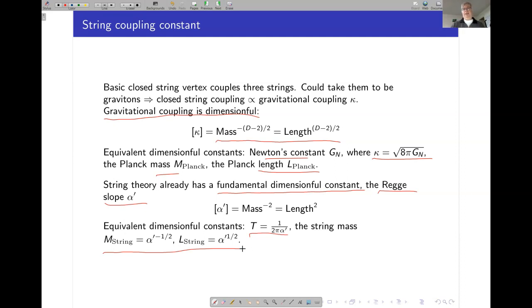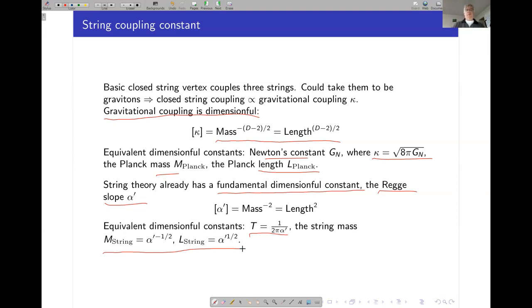If these were really two independent fundamental mass scales, then the ratio would be a free parameter which could label different inequivalent theories. So then we would have infinitely many different string theories depending on how these two scales are related.